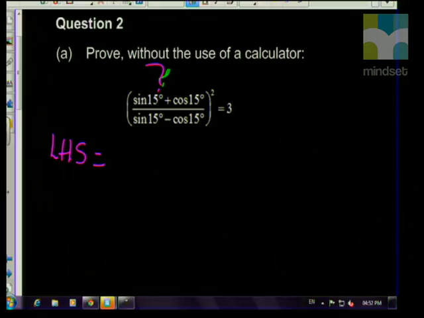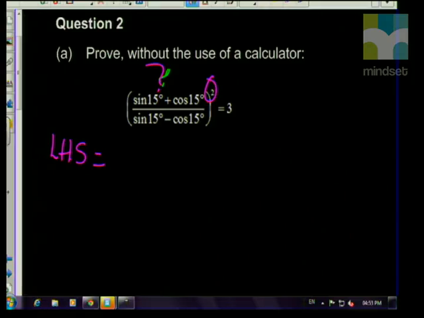Left-hand side is sine 15 plus cos 15 times sine 15 plus cos 15. Because of that 2, it means that we've got two brackets, 2 lots of whatever is in the bracket. So I'm just going to expand this so that you can see where this is coming from.